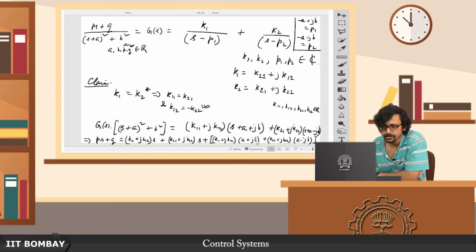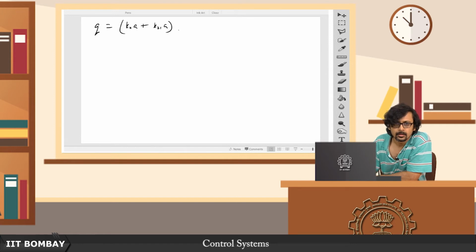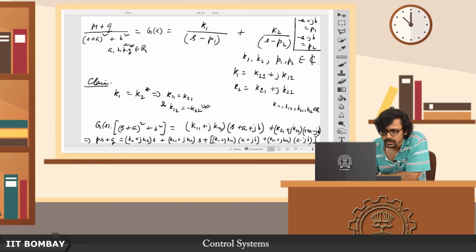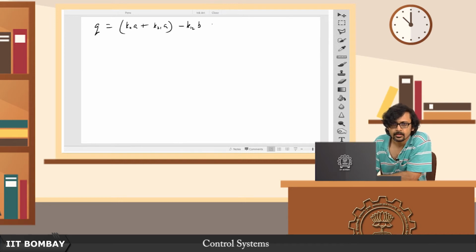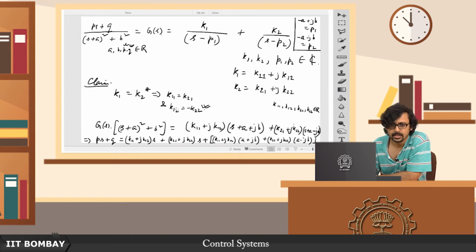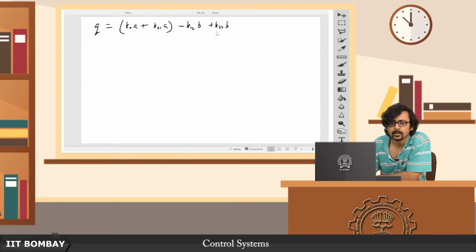We will also have a couple more real parts: minus K12B, because J squared is minus 1, and plus K22B. But this is already going to vanish, you see from the first part, K12 is equal to minus K22, or is it going to vanish? No, it is not going to vanish, it is going to remain here, because these are equal. But this is all about the real part. What about the imaginary part?